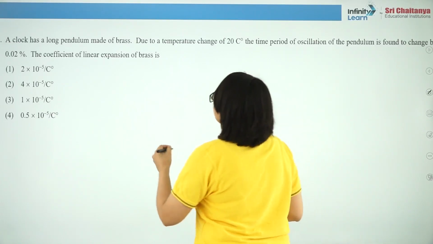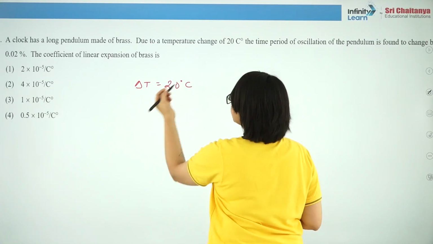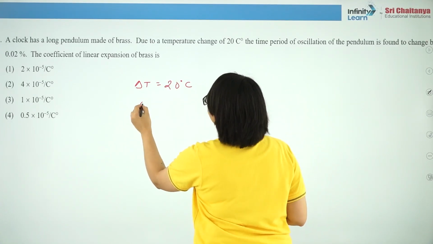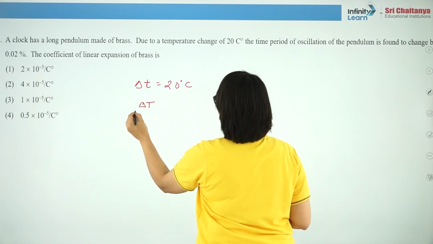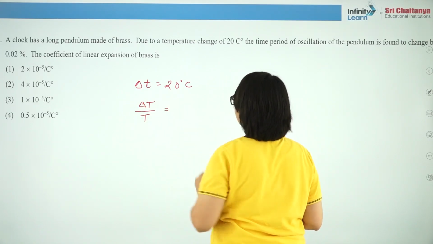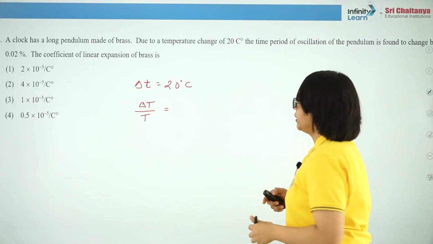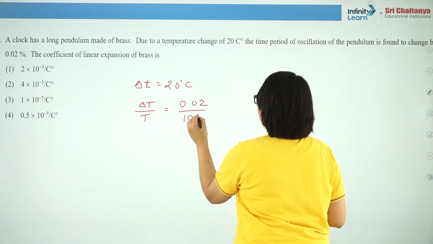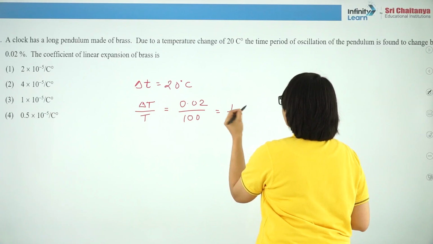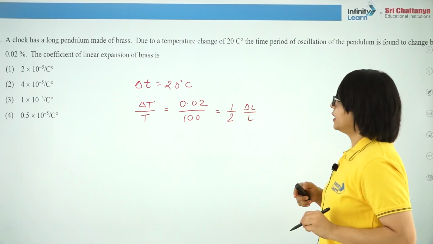So, we have delta T as 20 degrees Celsius, the change in temperature, where capital delta T divided by capital T is the fractional change in time period, which is equal to 0.02 divided by 100, and it is given by half delta L upon L, okay, half delta L upon L.